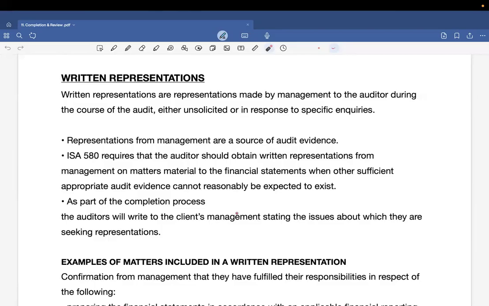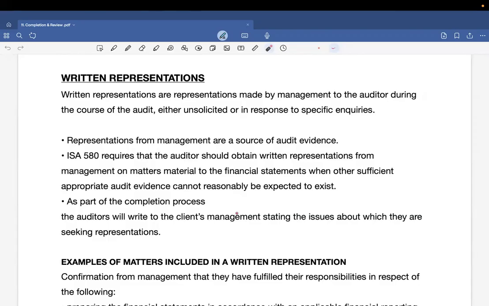For example, if there is something related with the receivable balance and you're not satisfied with the procedures that you have done, but the client is adamant on keeping it, then you're going to get a written representation from the management regarding this particular thing. Clear?